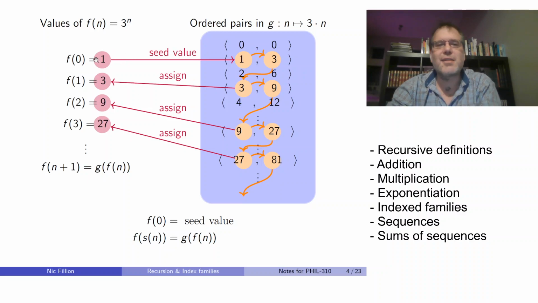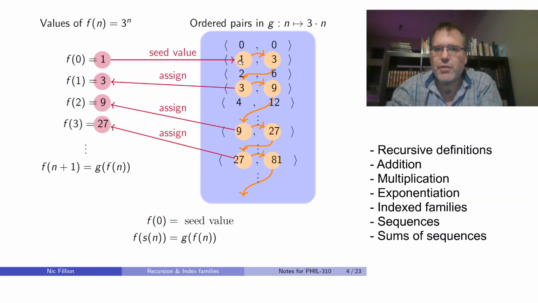So the way it starts is we start with the value of that function, 3 to the power n, when n equals 0. That's 3 to the 0, number 1. So we use that as a seed value, which we use to figure out what pair in the graph of the function g we are going to start with.